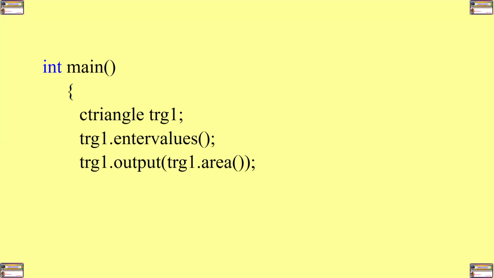Now, what is this statement doing? This statement is invoking the function called area, which is in the derived class, but through the other member called output. So how will this statement work?